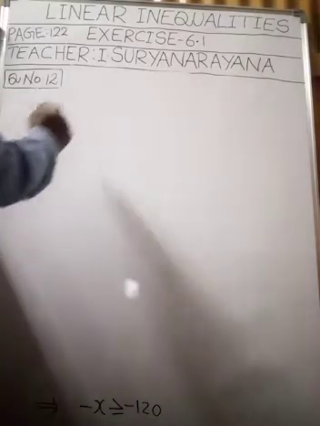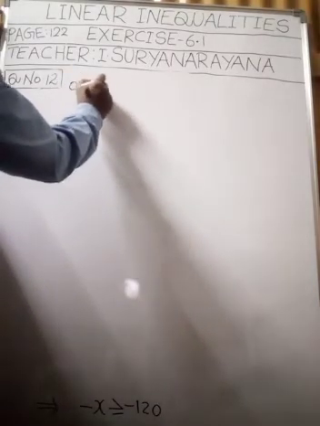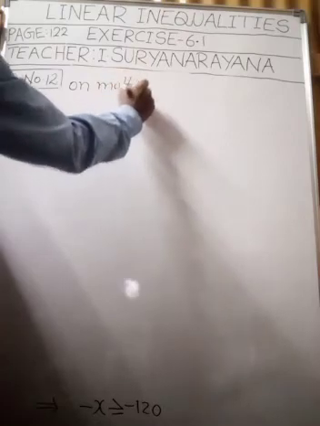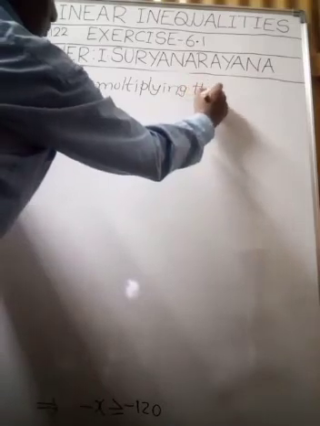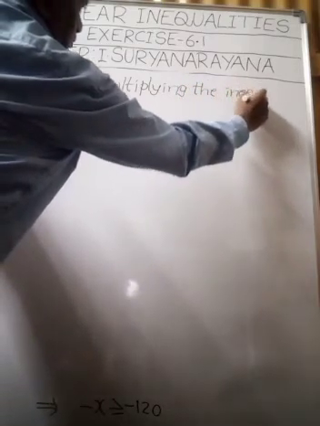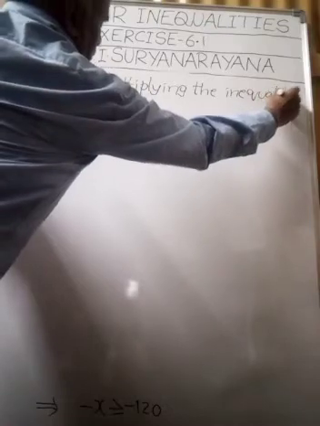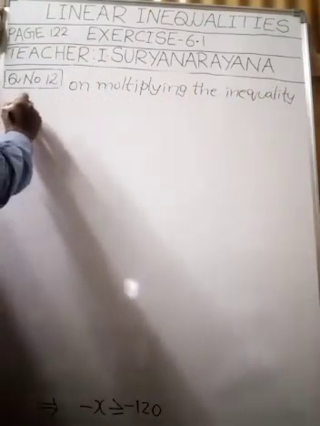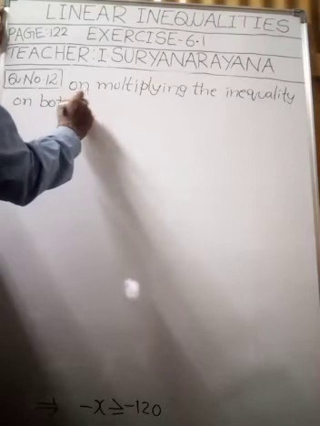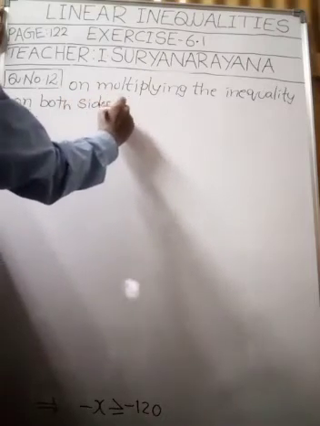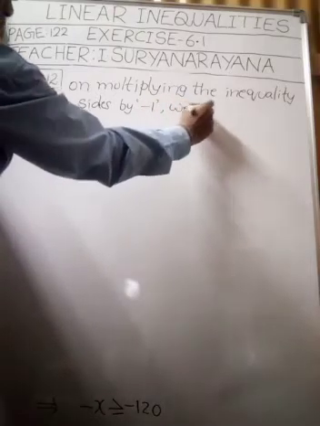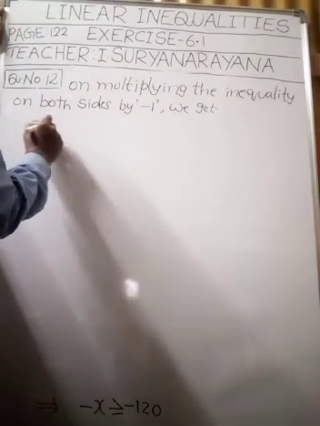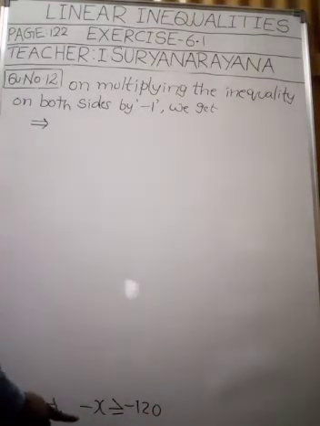On multiplying this inequality on both sides by minus 1, what will you get here?